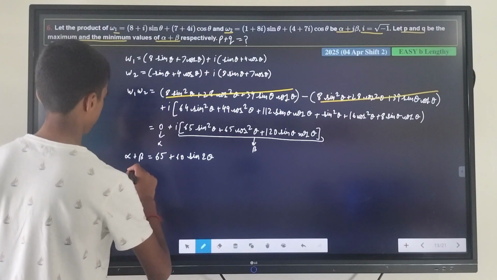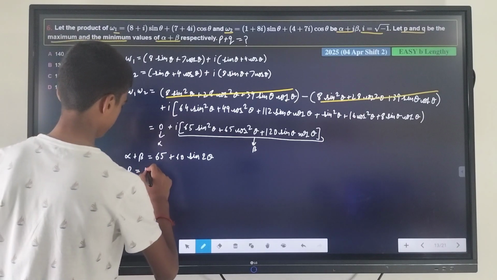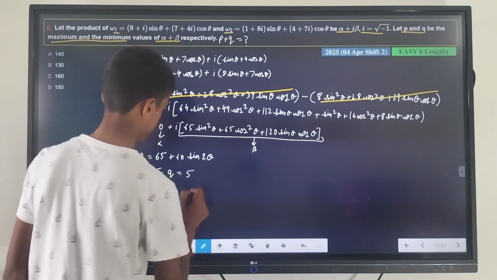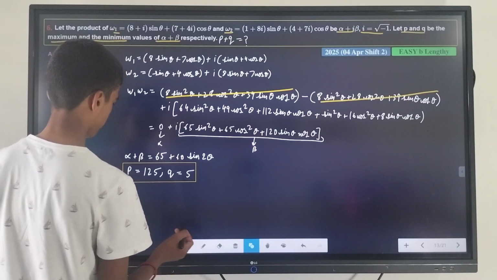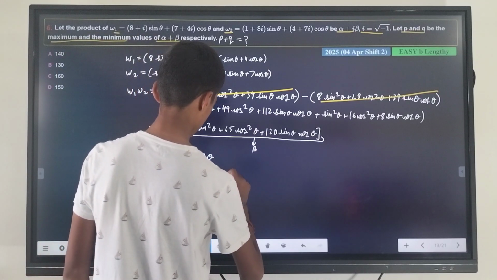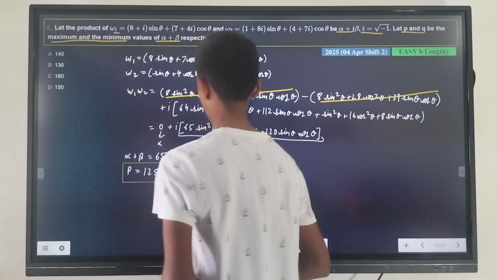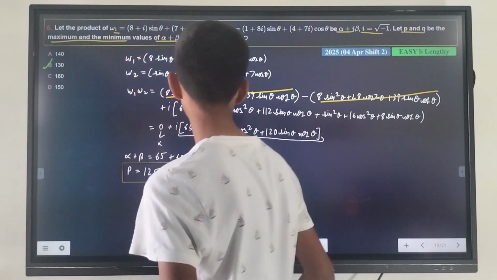Now our P is the maximum value, so P will be equal to 65 plus 60, 125, Q is equal to 65 minus 65. So from here our answer will be P plus Q is equal to 130. So our answer is option B.